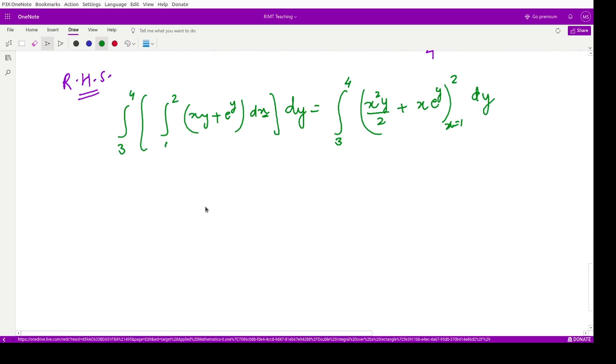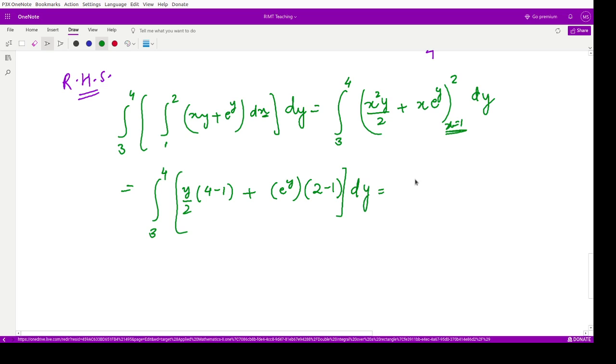So now we can substitute the limits. It would be the integration from 3 to 4, y by 2, and we have to substitute the limits of x only. So it would be 4 minus 1, plus e to the power y as such, and then the limits of x, from 2 minus 1, right? And the integration is with respect to y. You can simplify this.